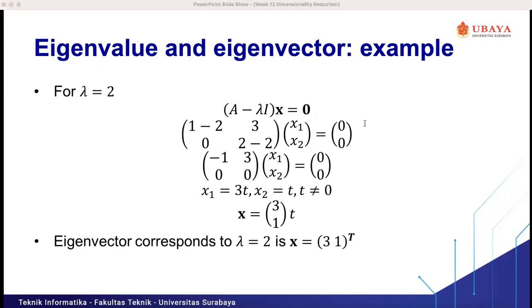Okay, let me calculate it step by step. So we have minus 1 and 3 here, and 0 and 0. This is the first linear formula, then this is the second linear formula, and 0 and 0.